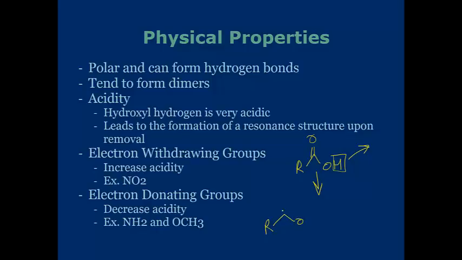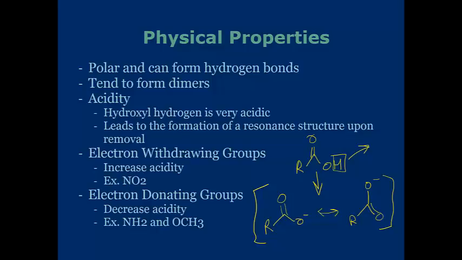And the resonance is going to juggle between these two forms. Because of their ability to stabilize this negative charge, this hydrogen is going to be very acidic, thus leading to the name. They're called acids for a reason.